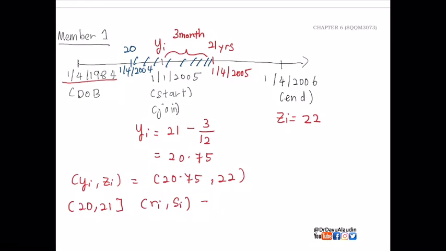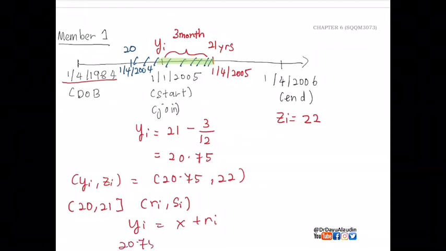So the interval estimate is here, and they share the same point here. Yi is x plus Ri.